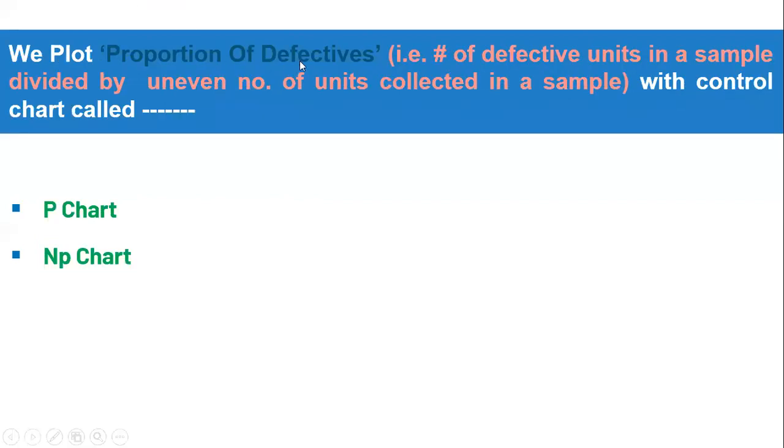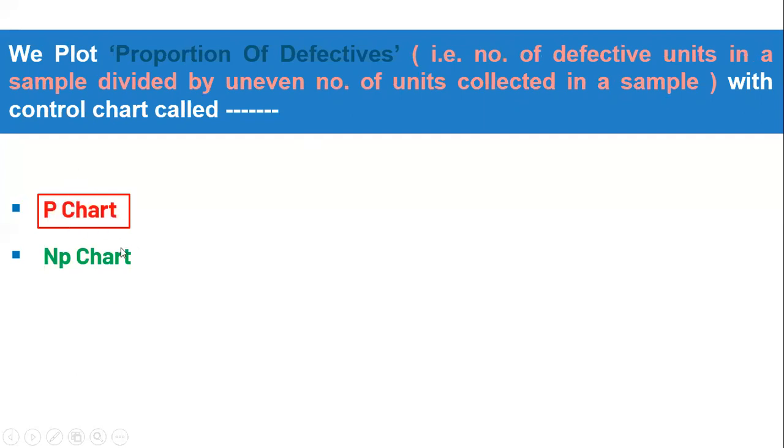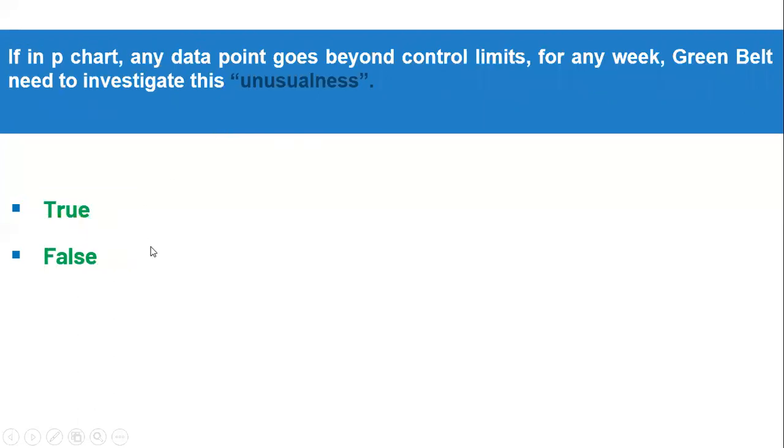Next question. We plot the proportion of defectives, that is the number of defective units in a sample divided by the uneven number of units collected in a sample, with a control chart called the P chart or NP chart. And the answer is P chart. Next question.